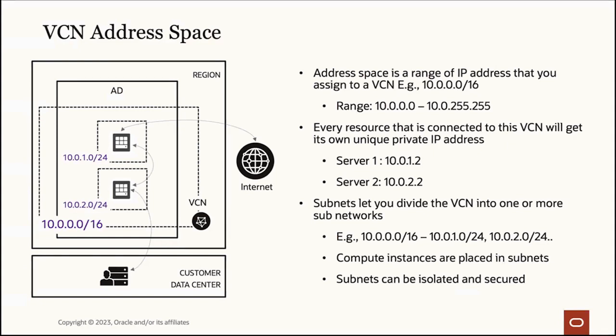Private subnets contain instances with private IP addresses assigned to VNICs. And then we also have public subnets that will contain both private and public IP addresses assigned to your VNICs. On this diagram, we have our VCN on the outer side, and then we have our two subnets inside it as subdivisions of the VCN.